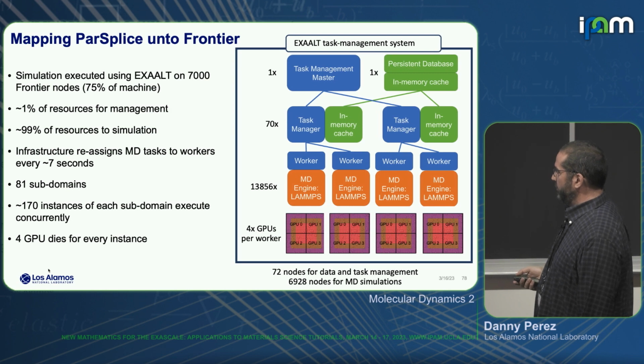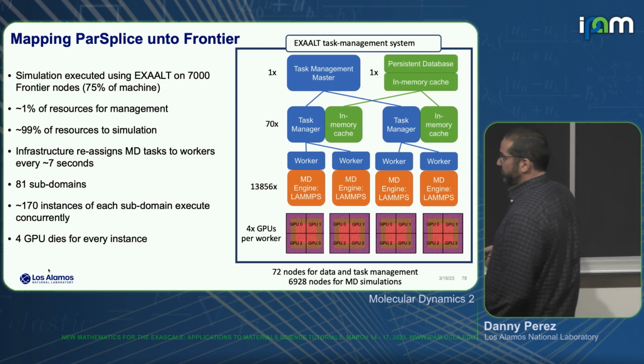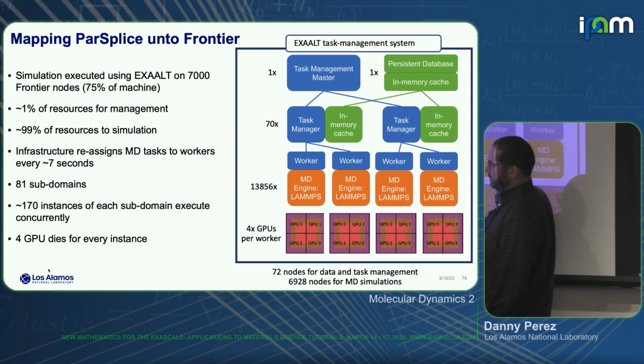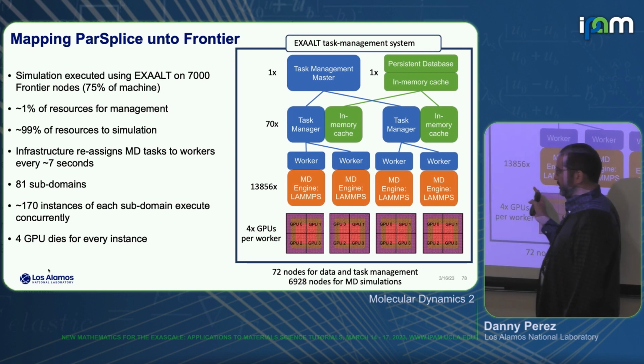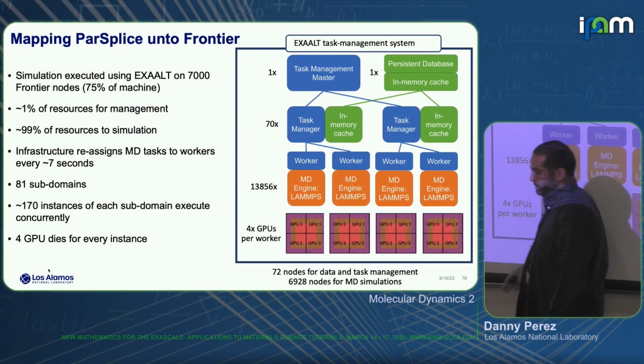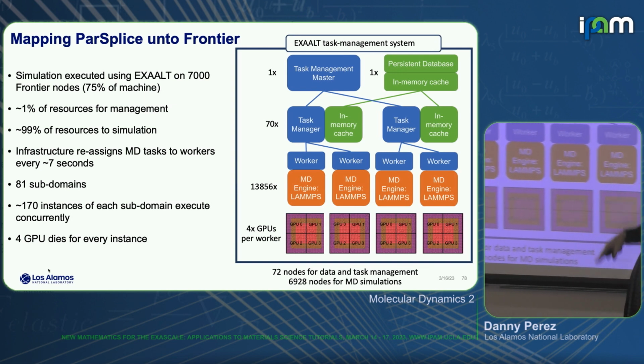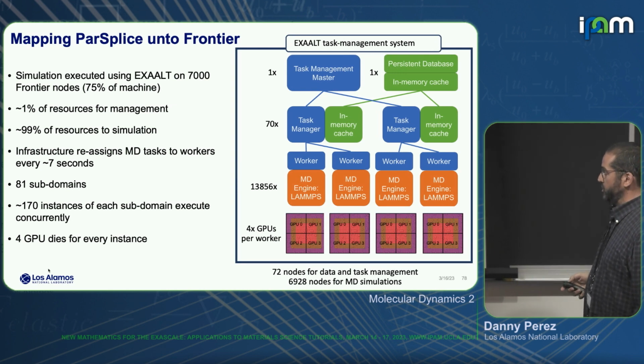That was a pretty cool run, and because we have so much parallelism exposed, with the domain decomposition that I talked about, a bunch of replicas on top of each domain, and multiple GPUs per domain, you can relatively easily fill a big machine.